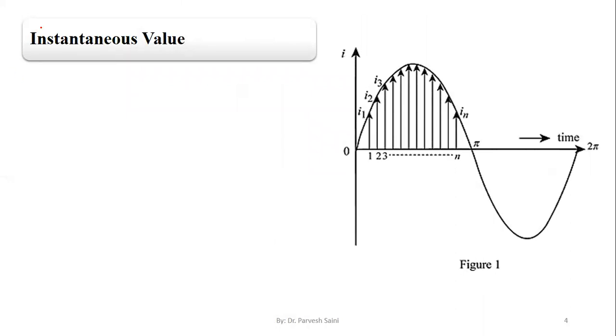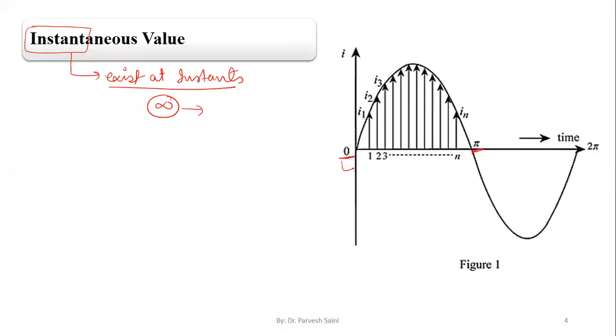As you can make out from the word itself, it is the value of the alternating quantity that exists at an instant, right? So you may have an infinite number of instantaneous values between 0 to pi, or between 0 to 2 pi, or between pi to 2 pi, or even between two successive points.